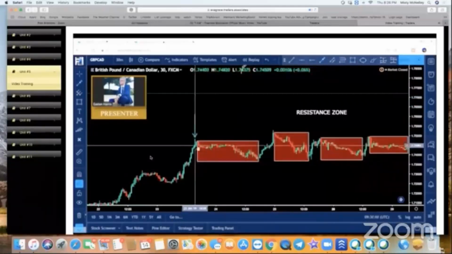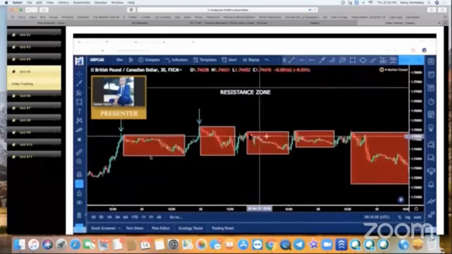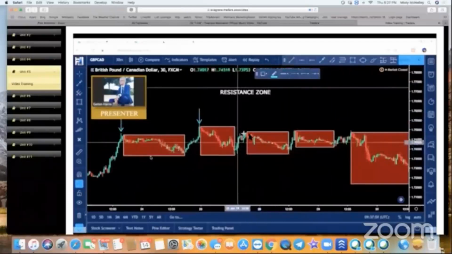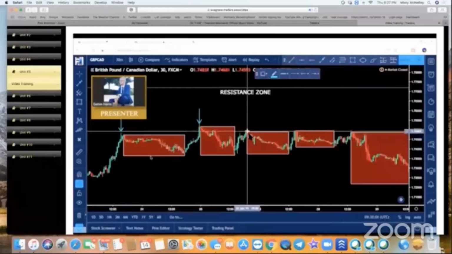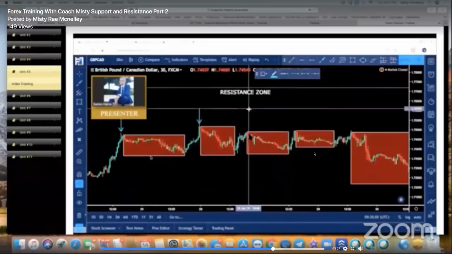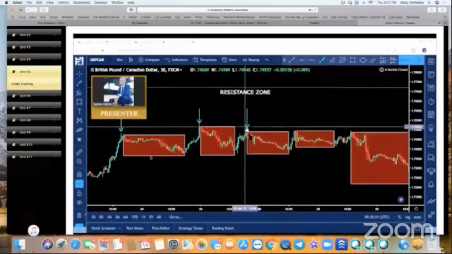This wick is going to be where this bearish move originated from. Where did this move originate from? Here's our bullish move. How high did it get before price went bearish? It's right here.